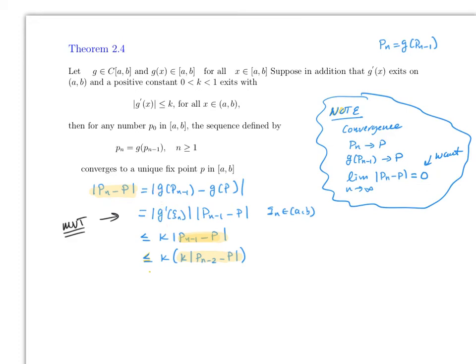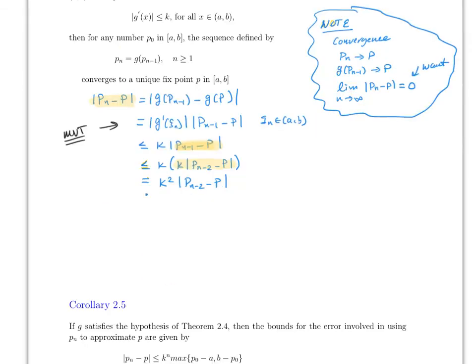So therefore this is equal to K squared times Pn minus 2 minus P. Now this is the case if you do it twice.